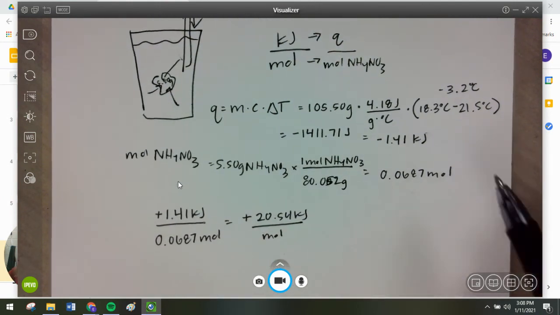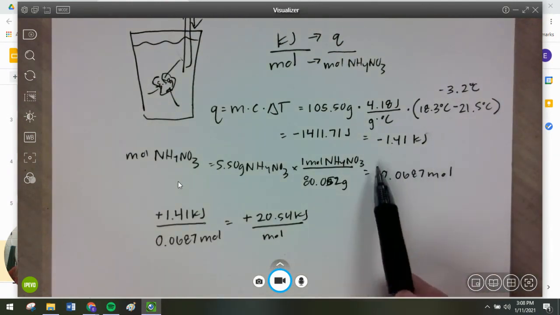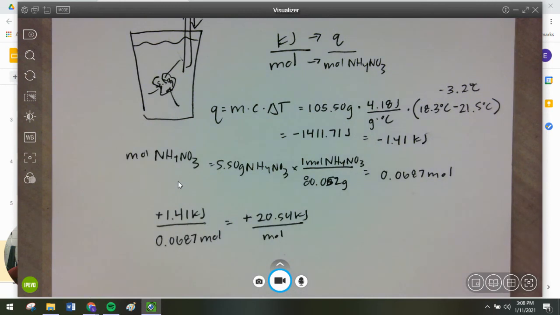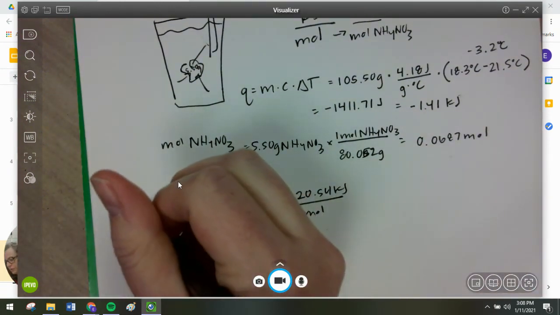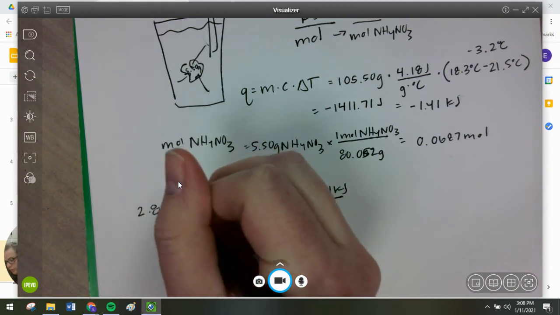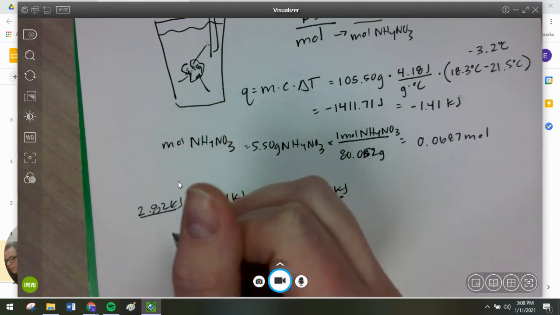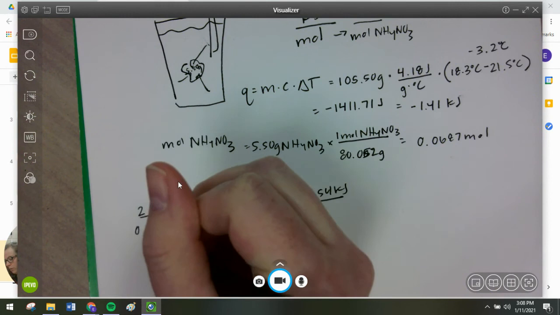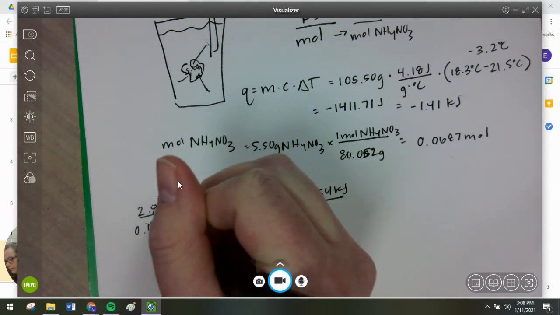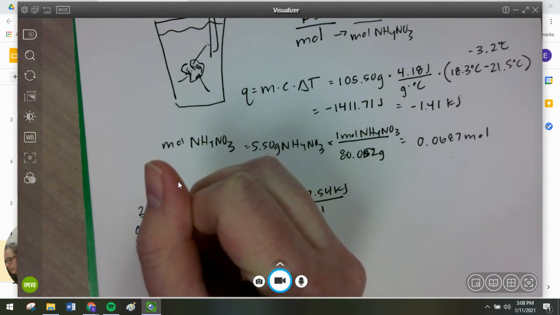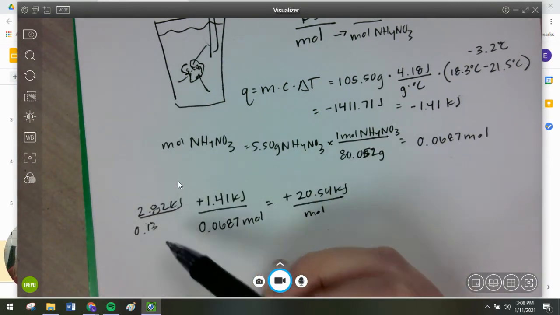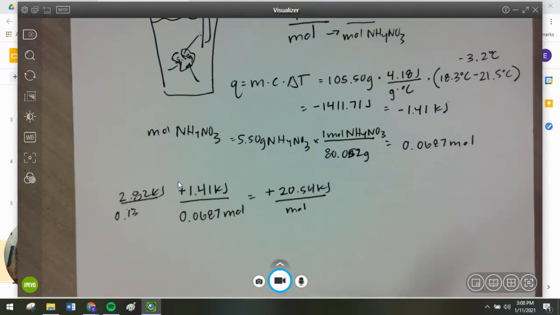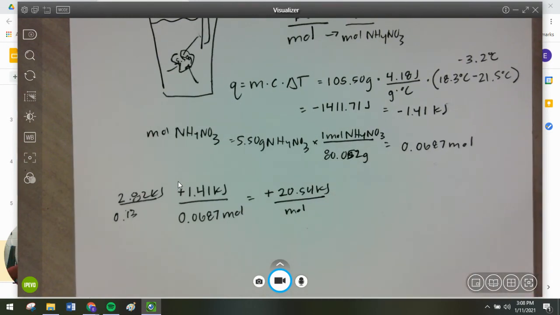But what's going to happen then is when I calculate my number of moles, it's also going to be double. So I would have, and I'm just quick doing the math here, 2.82 kilojoules divided by 0.13 something. So I'd have twice as much energy, but I would have twice as many moles. And so the ratio should stay pretty darn close to the same.